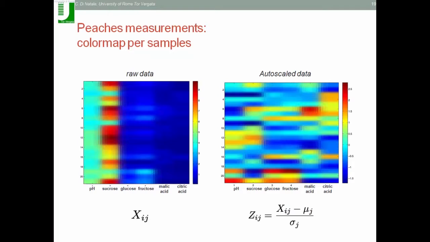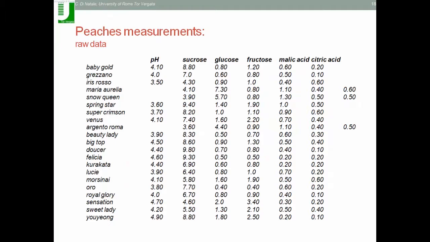We can see here the raw data in a color scale. And we have another important issue when we put data together to form multivariate data: the range of the actual values. So you see that pH and sucrose are numerically larger than the others.